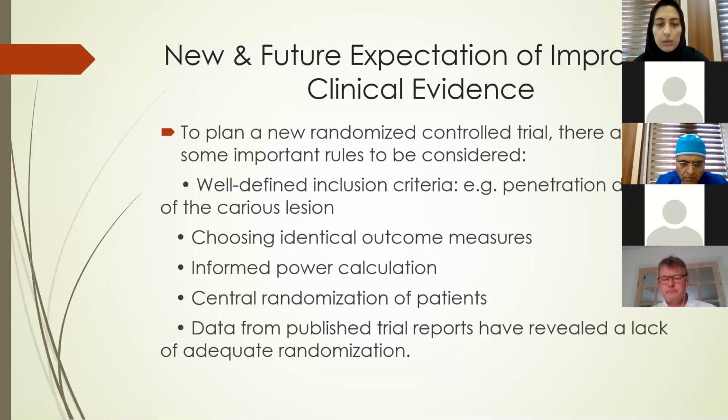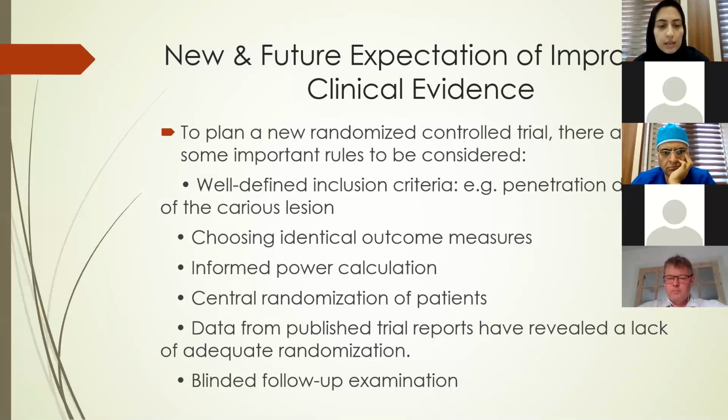It is noted that data from published trials reports revealed they don't have adequate randomization for patient selection. And blinded follow-up examination is another issue that should be considered in future studies.